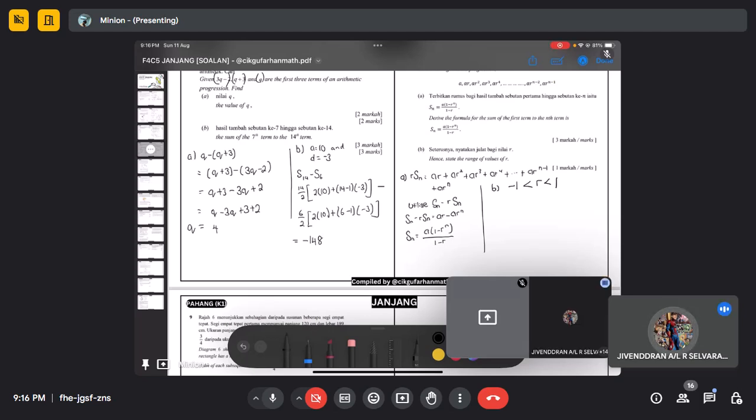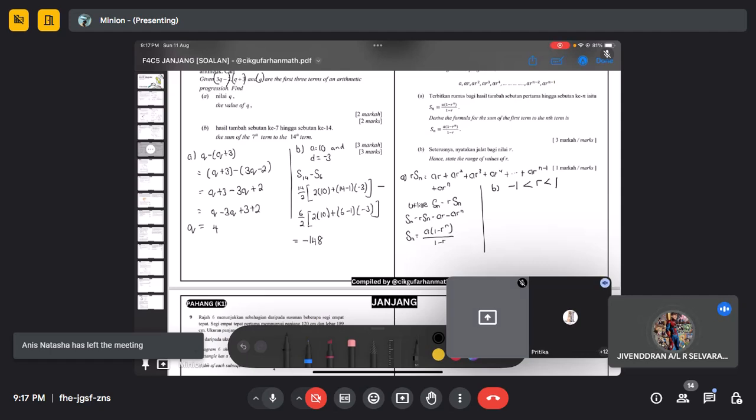Okay, so I'll explain now, but I won't explain in much detail because it's proving. We already did it last week. They're asking us to derive the formula for Sn equals a(1 minus r to the power of n) over 1 minus r. As I said in the last class, you just list out term 1 plus term 2 plus term 3 and so on, then you write ar plus ar squared plus ar cubed and so on.